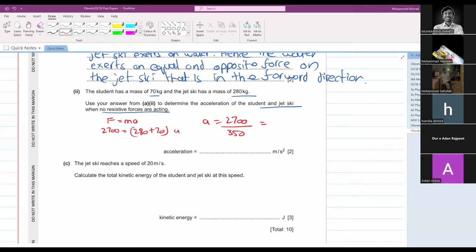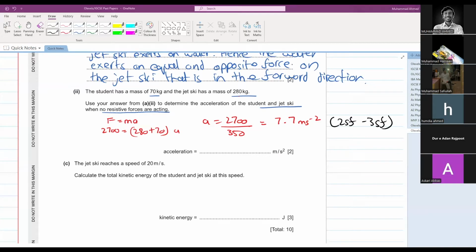Can any genius calculate the acceleration and tell me by acceleration क्या आ रही है? 7.7 ms minus 2. Also, beta, please remember in examinations you will give your answer either till two significant figures or three significant figures, not more than that.